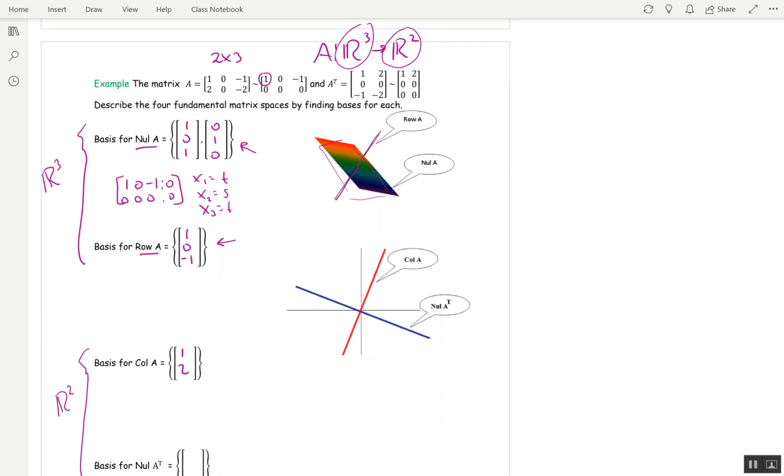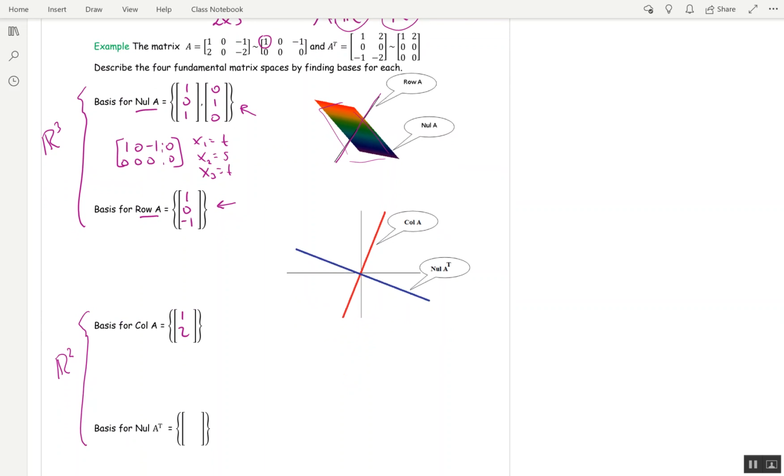Basis for null A transpose, well, I have the reduced A transpose up there. If I augment that with the 0 vector, I get two variables, x2 is t and x1 is negative 2t. So a basis for null A transpose would be negative 2, 1.